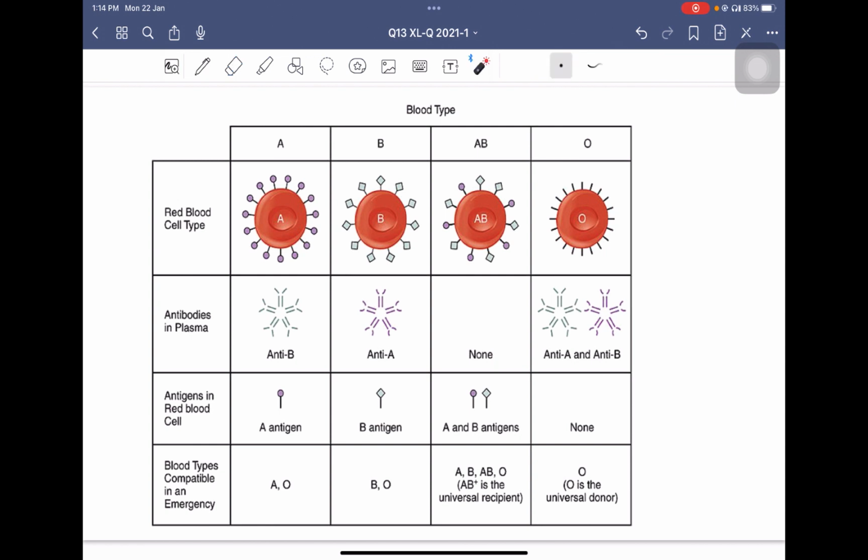So the only type of antibody that will be present in the A blood group will be anti-B antibodies.